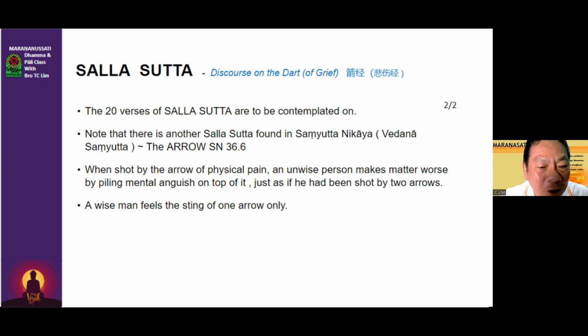So a wise man only feels the sting of one arrow. So this is the arrow of the Salla Sutta having the same name. But these 20 verses are found in the Sutta Nipata, another part of the Nikaya. So they are quite similar but different.